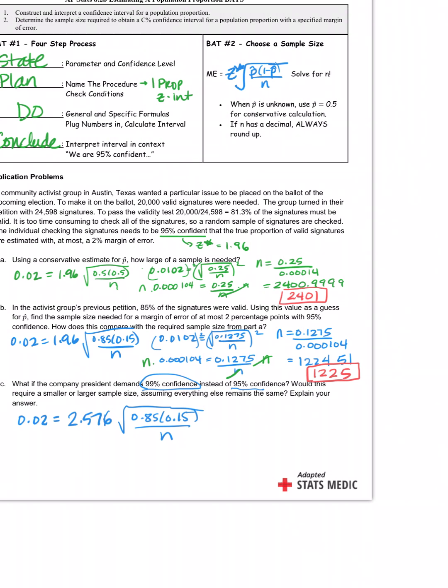Does that make sense that we would need bigger samples? Because remember, a 99% interval is going to be wider, isn't it? Yeah, it's going to make a larger sample. Our first thing is right. Okay, so a larger sample, to be more confident. They have to check more signatures. That's really all it's getting at.